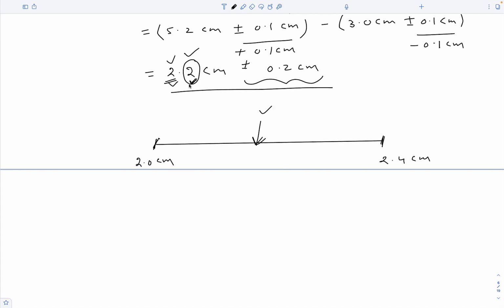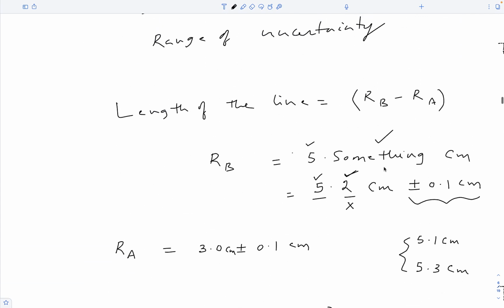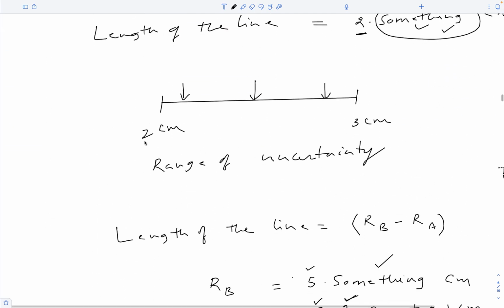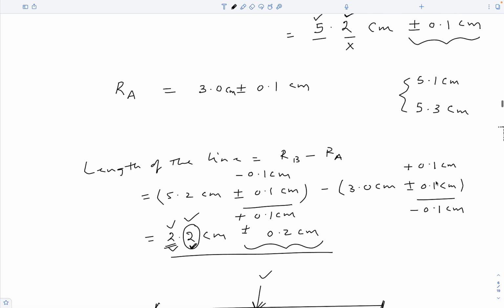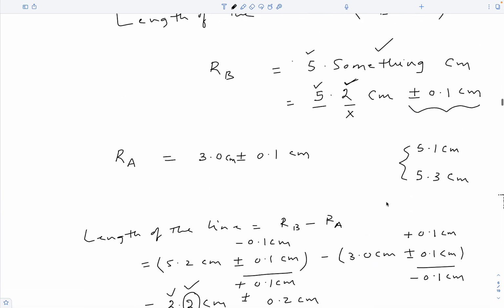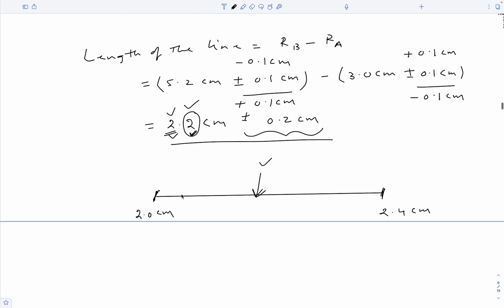See, when we did not know the value of this digit, the range of uncertainty is between 2 centimeters and 3 centimeters. By putting some effort in estimating the value of this digit, we reduced the range of uncertainty to 2.0 centimeters and 2.4 centimeters. So we narrowed down or shrunk the range of uncertainty by estimating the value of this digit.